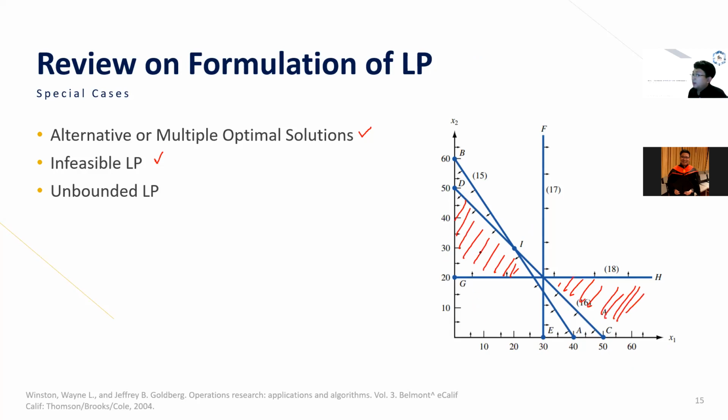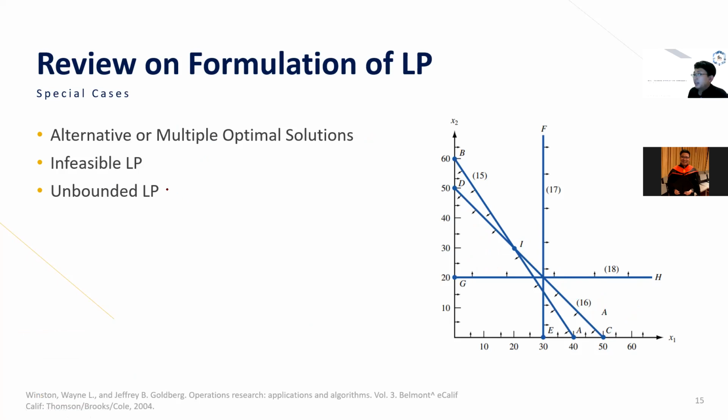You can only select either here or here. There is no connection between these two regions. So this type of LP is called an infeasible LP, or an LP that has no feasible solution. A feasible solution means a solution that follows all the constraints being defined.